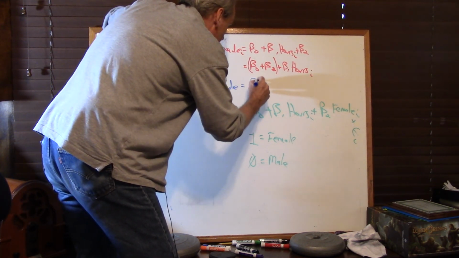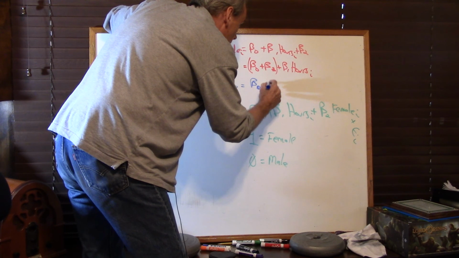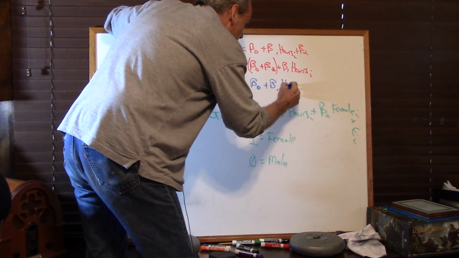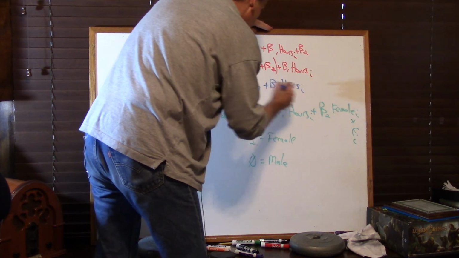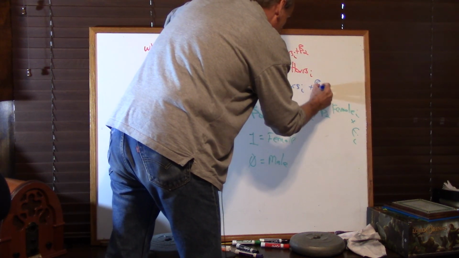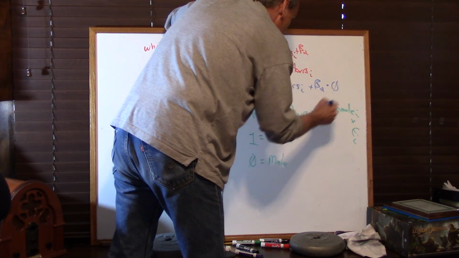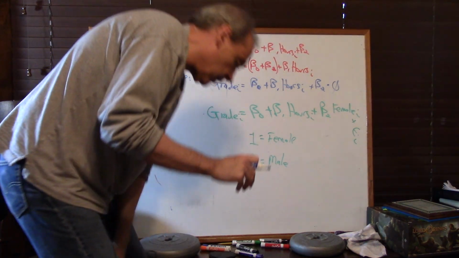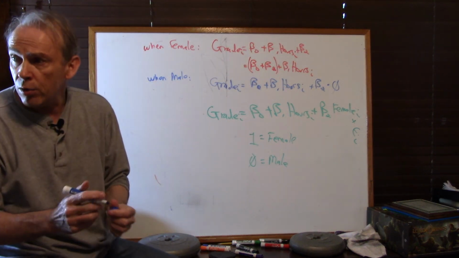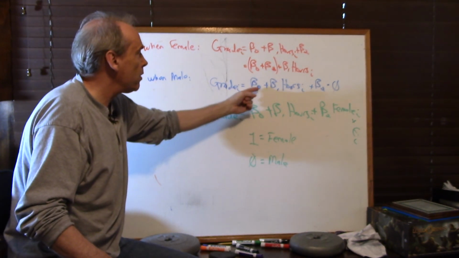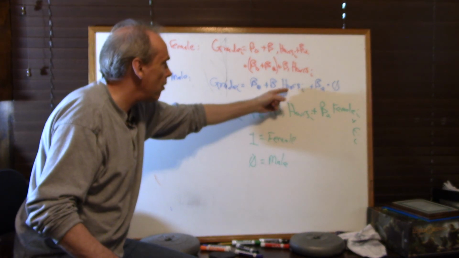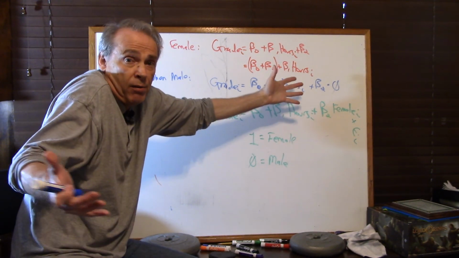Grade is equal to beta sub 0 plus beta sub 1 hours plus beta sub 2 times 0. So for a male student, what we've got here is grade equals beta sub 0 plus beta sub 1 times hours plus beta sub 2 times 0, right?